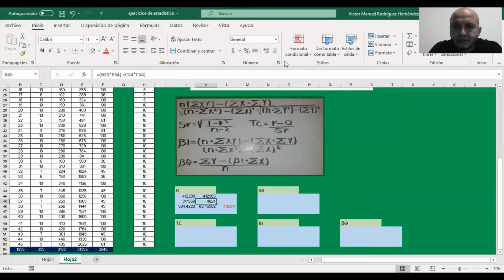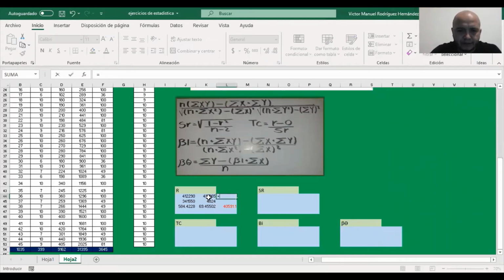All right, let me check. Hold on. Okay, I am missing one step over here. This, we have to do this minus this amount. All right, so there it is.